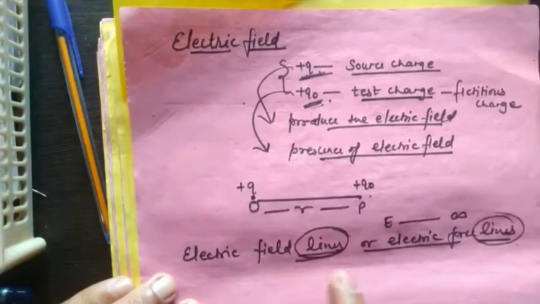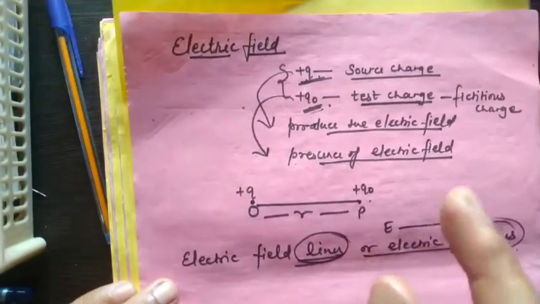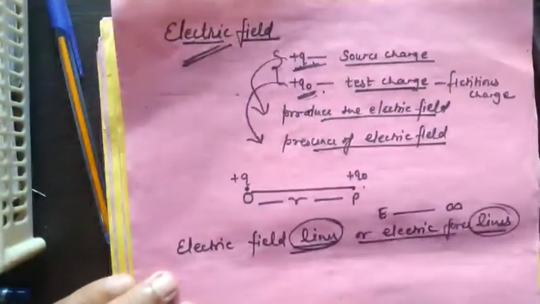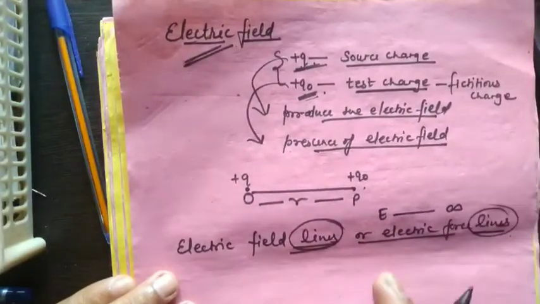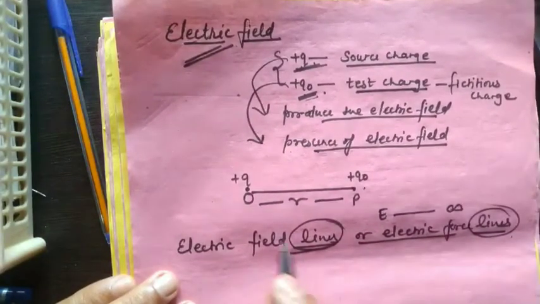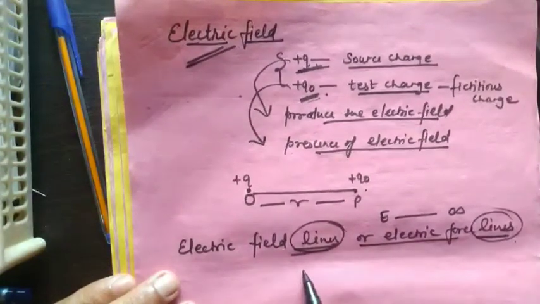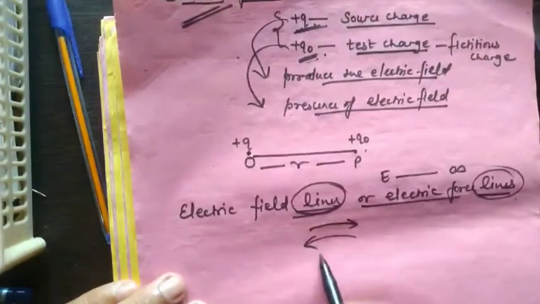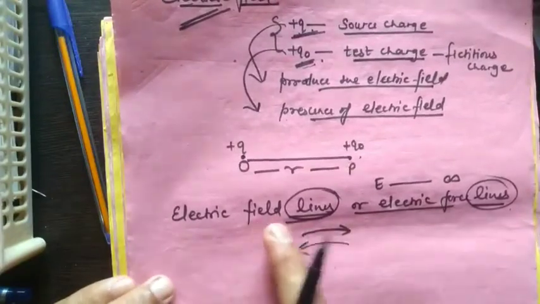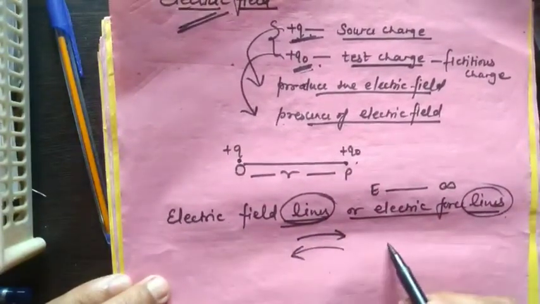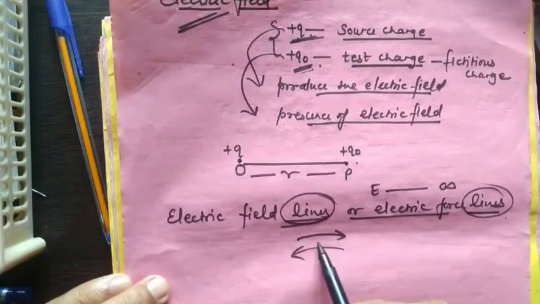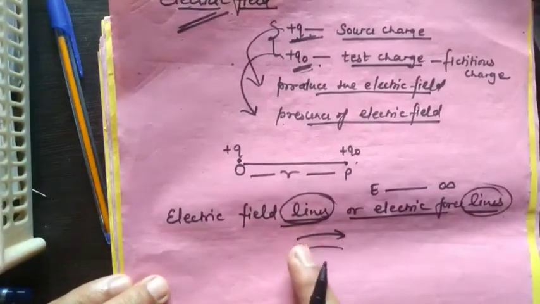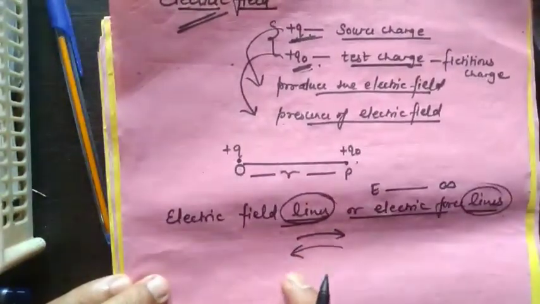Those lines give us knowledge about the electric field direction, whether it is in this direction or in that direction. The arrow indicates the direction of the electric field, from here to there, or from there to here.